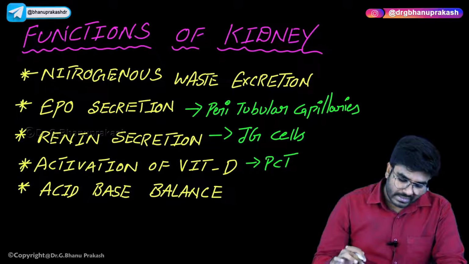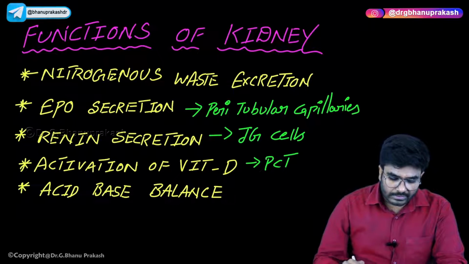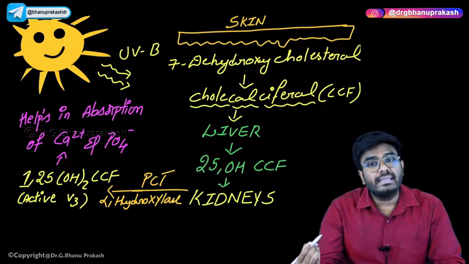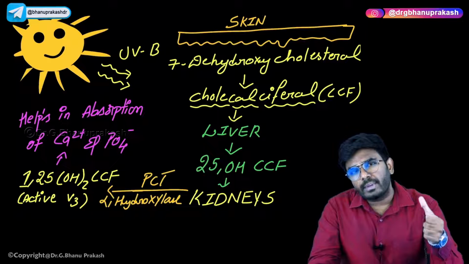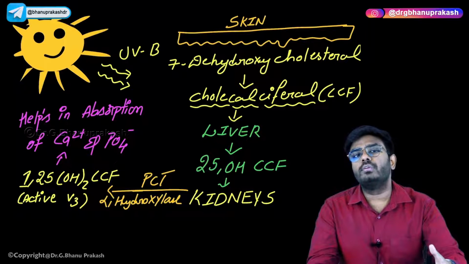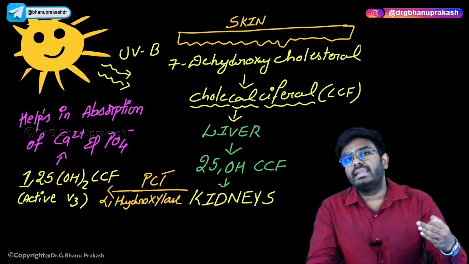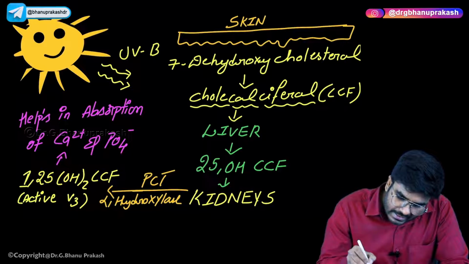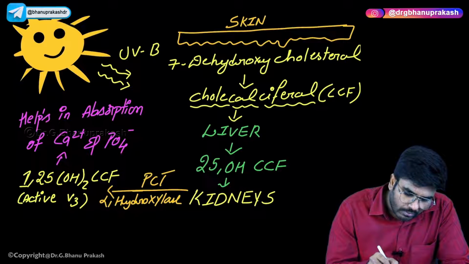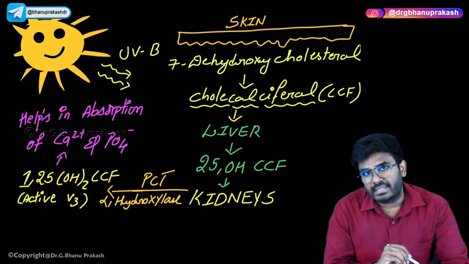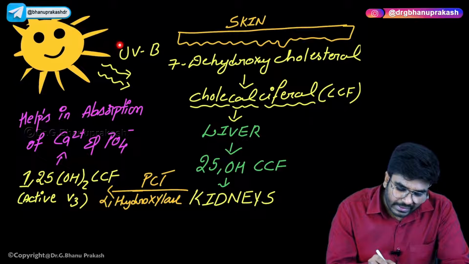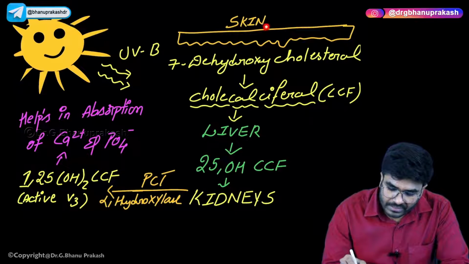Okay. Now let's see in detail how vitamin D is activated. We have seen vitamin D activation is going to happen in the PCT of the kidneys. Now let's see how it actually happens. Guys, let's start with the sun. In the sun rays, we are particularly interested in the UVB rays, the ultraviolet B rays that fall onto the skin.